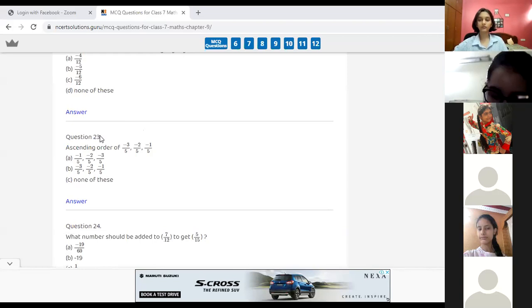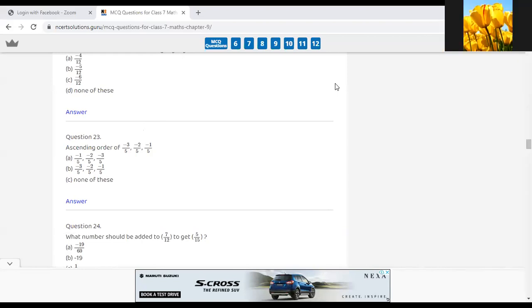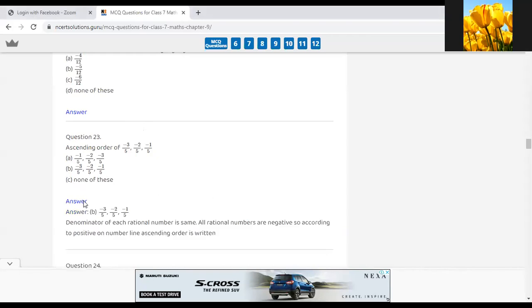Ma'am, minus 3 by 5, minus 2 by 5, minus 1 by 5. Actually, in ascending order, you will start from the lowest term. So out of minus 3, minus 2 and minus 1, minus 3 is the smallest of all the 3. So this will come first, then this, then this.